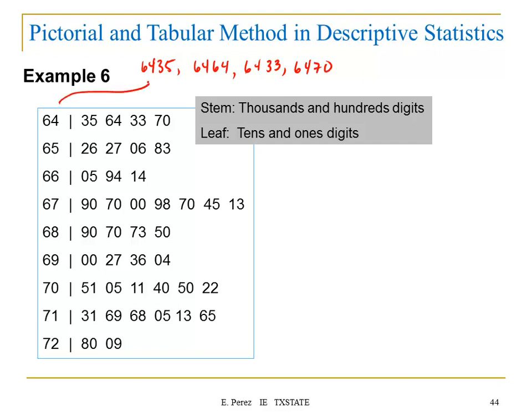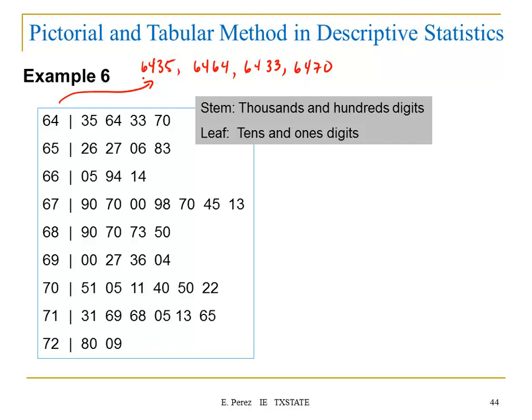So these are the numbers that are listed here. Because we are using the first 2 units as our stem, and the last 2 units are our leaf. So this is a decision that you, as a researcher, have to make.